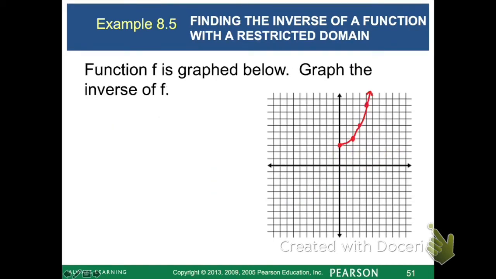Example 8.5, function f is graphed in red. We are going to graph the inverse of f. So what we're going to do here is look closely, and you can see 4 points along the function f. So we're going to put those in a table.